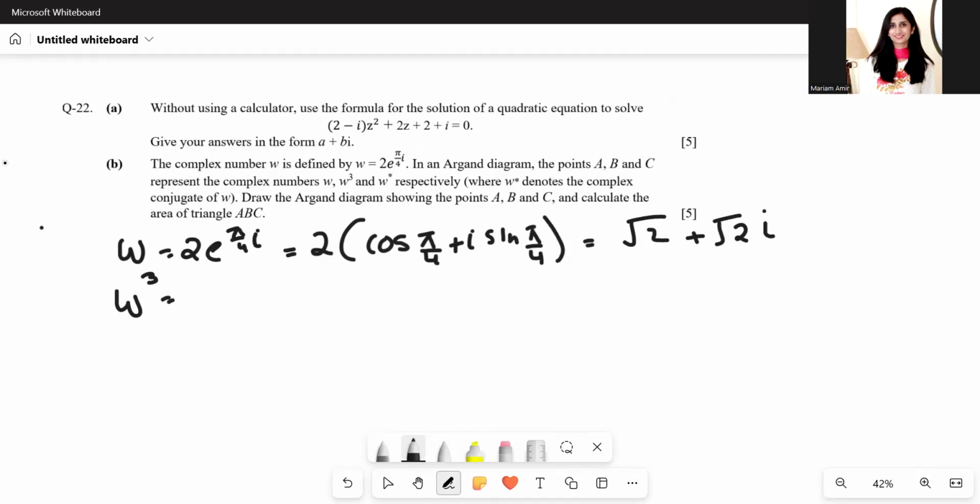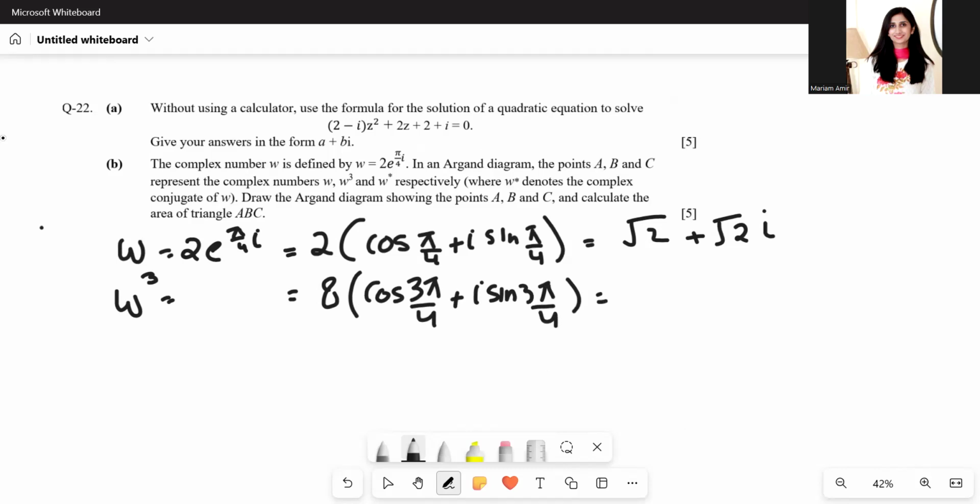Now I will use De Moivre's theorem to find W cubed. To find W cubed, you cube the r, so 2 cubed would become 8. And you multiply the angle by 3. So cos 3 pi by 4 plus iota sine 3 pi by 4.